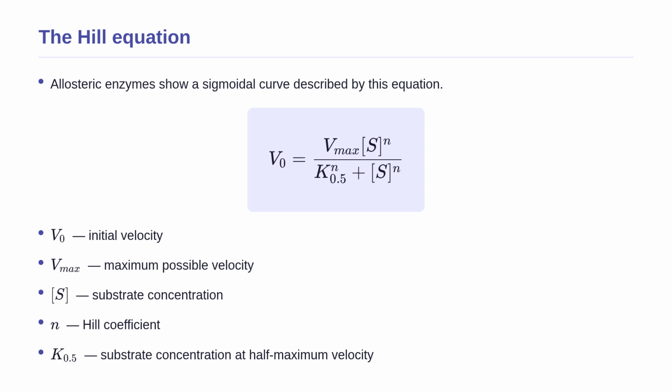S, in brackets, is the substrate concentration. The exponent N is the Hill coefficient, representing cooperativity, how binding one molecule makes the next one easier to bind. Finally, K0.5 is the substrate concentration needed to reach exactly half of the maximum speed. An activator decreases this K value, while an inhibitor increases it.